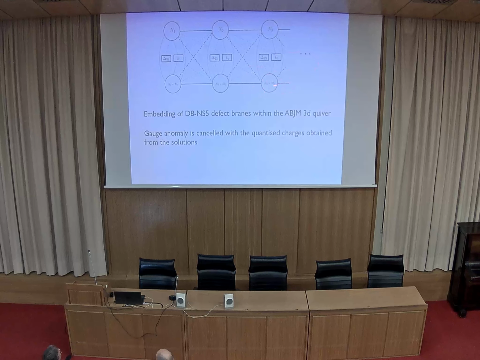So this was one of the examples I was showing in the introduction, in which you can see how you are inserting, in this case, NS5 branes. This is what makes this not just frozen in R, and the D7 branes, which are these new flavor groups that you have here in the otherwise quiver describing the ABJM theory.